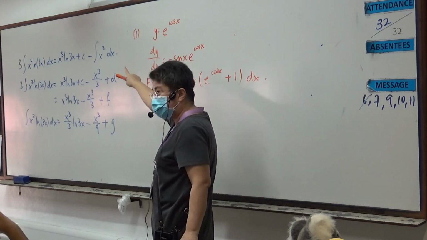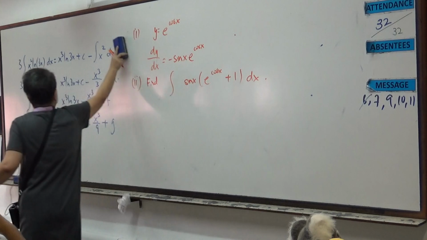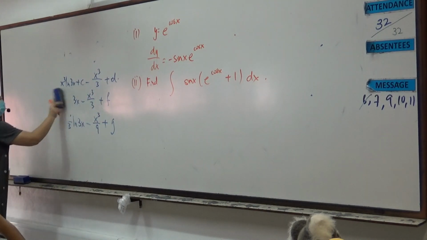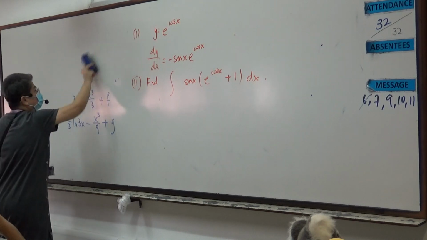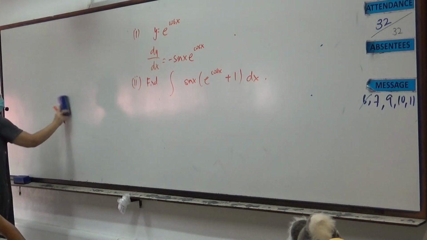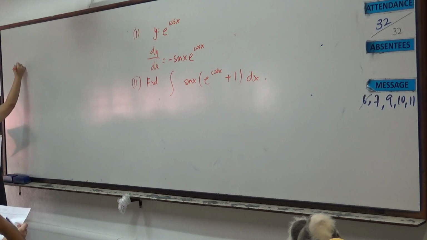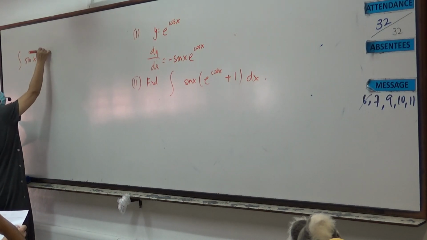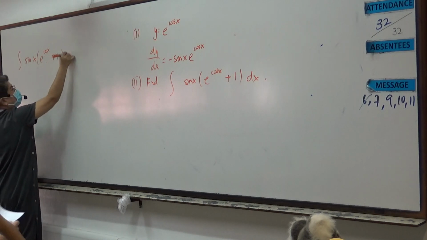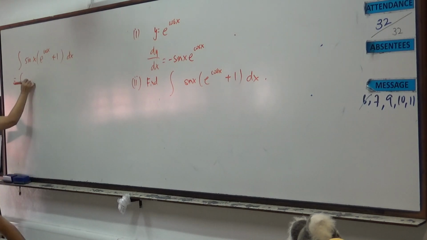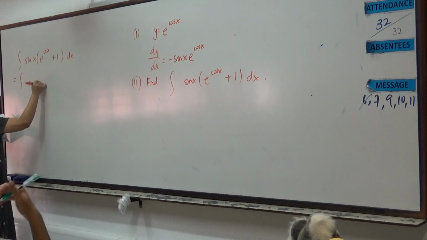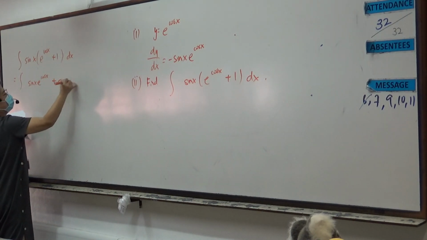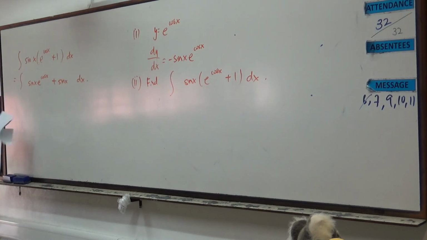Okay, can I do it over the other side? Now, do you agree that this is actually sine x e to the cosine x plus sine x dx? The whole thing, right? I expand out.